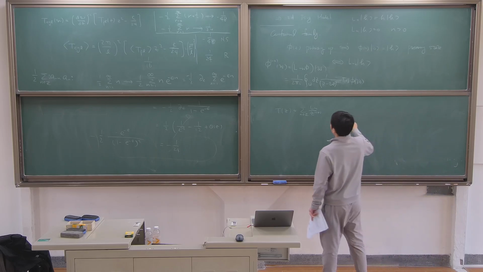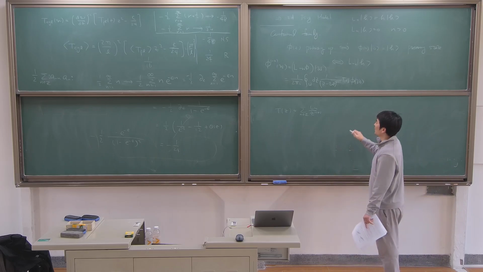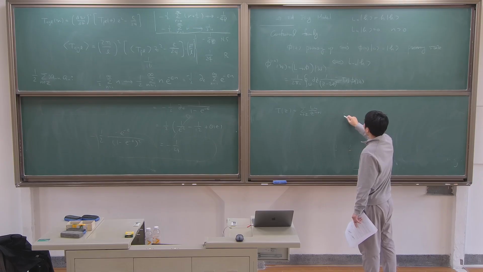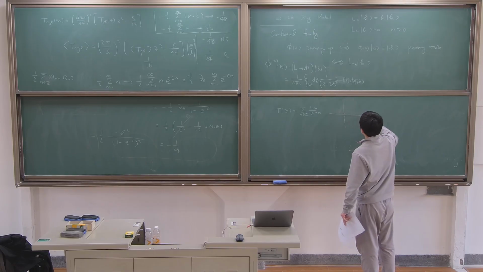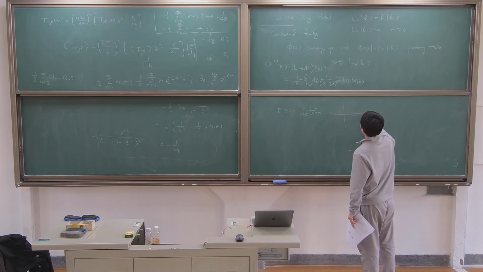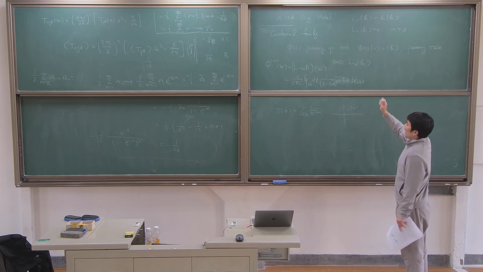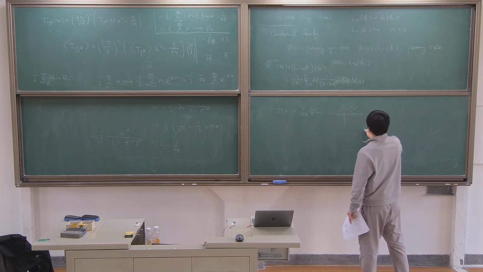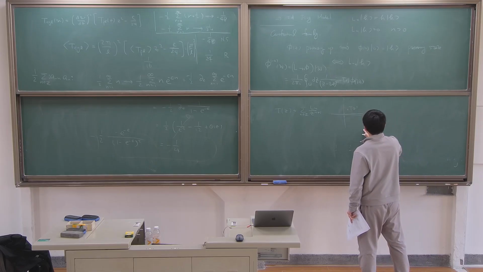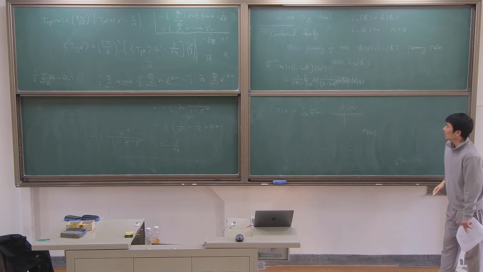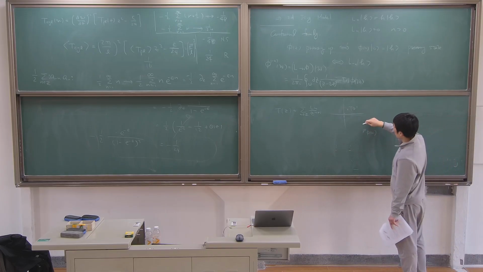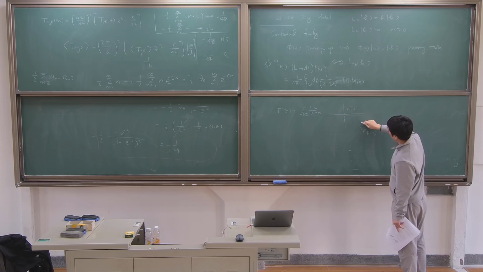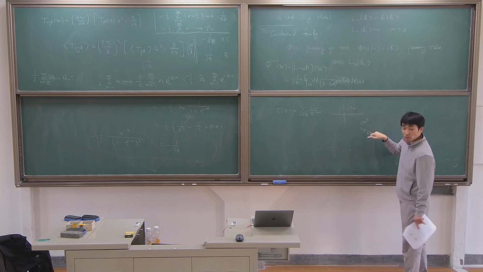You just expand around the origin, and T of z can be placed close to the origin. In the case of the primary field sitting at w, the action of L minus n is achieved by T of z approaching w.